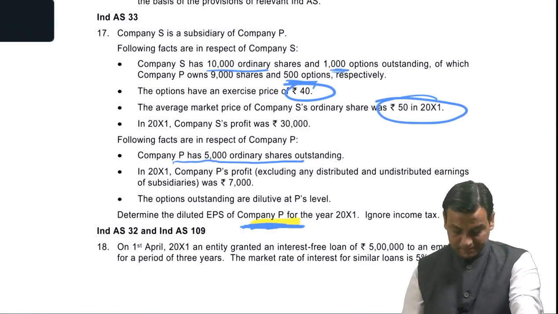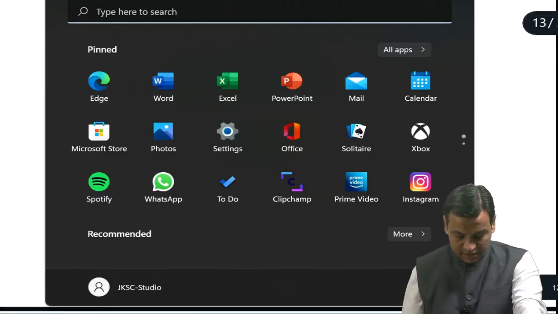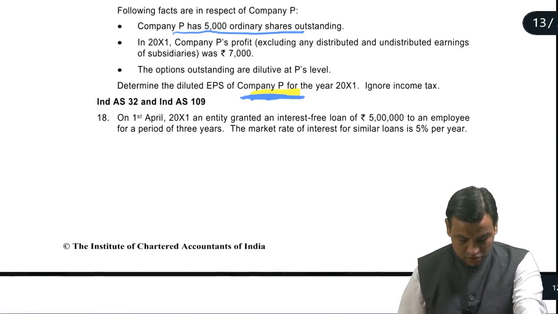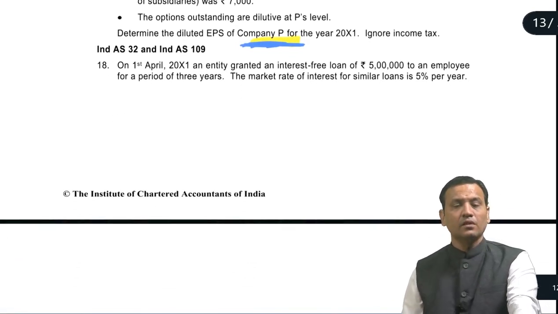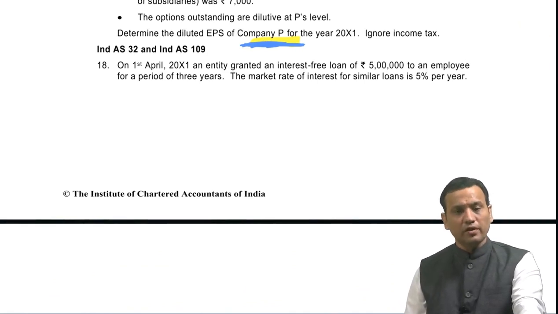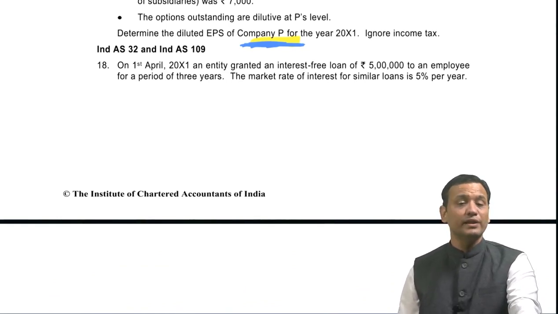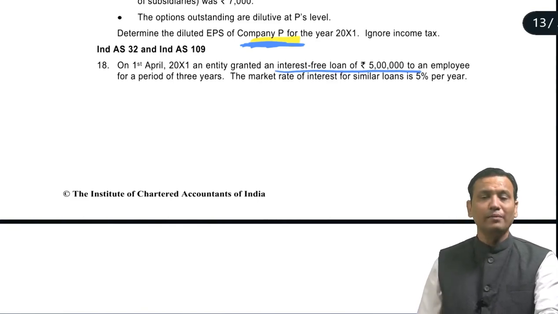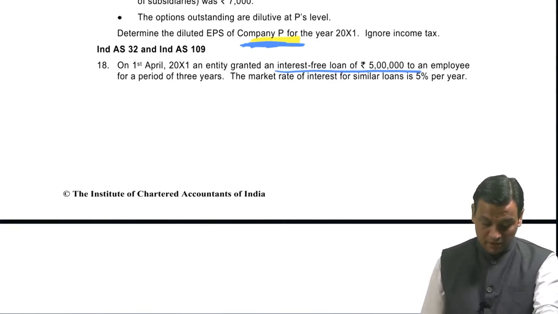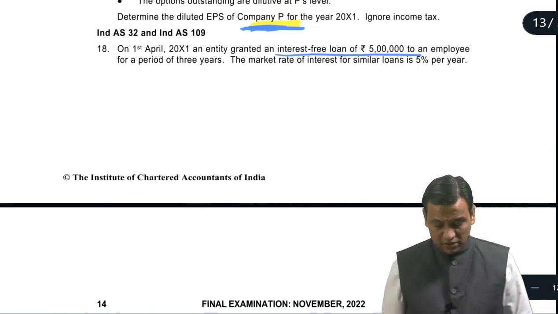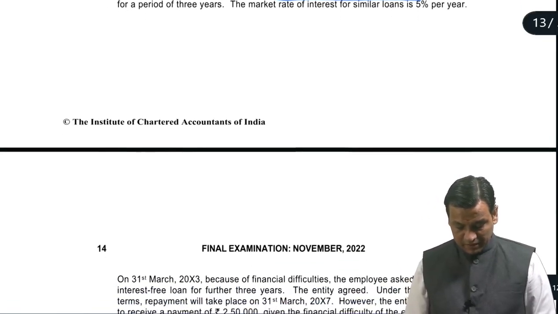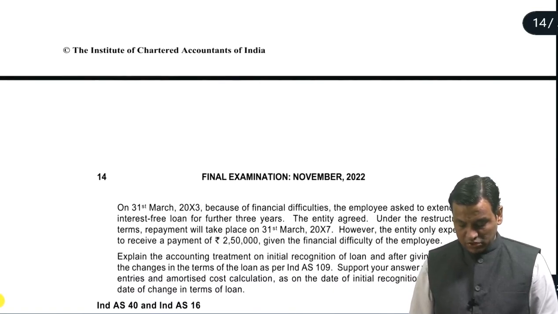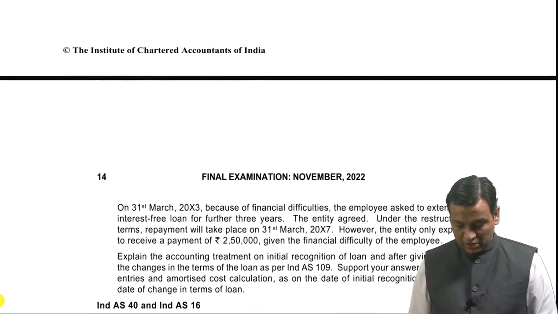Question number 18. That is with respect to Ind AS 32 and 109. On 1st April 2001, an entity granted an interest-free loan of rupees 5 lakhs to an employee for a period of 3 years. The market rate of interest for a similar loan is 5% per year. On 31st March 2003, because of financial difficulties, the employee asked to extend the interest-free loan for a further 3 years.